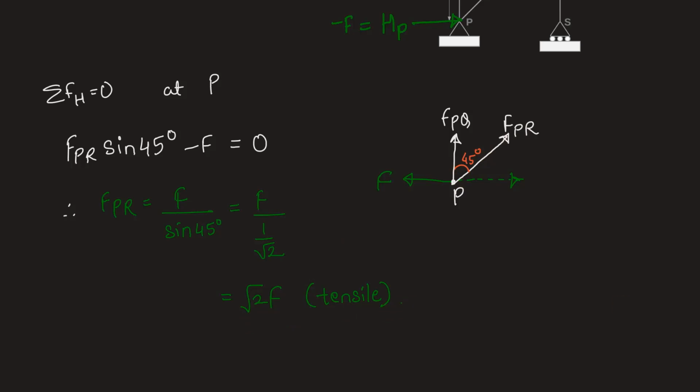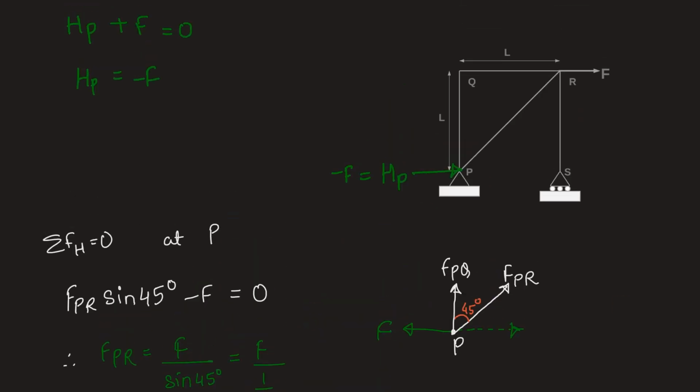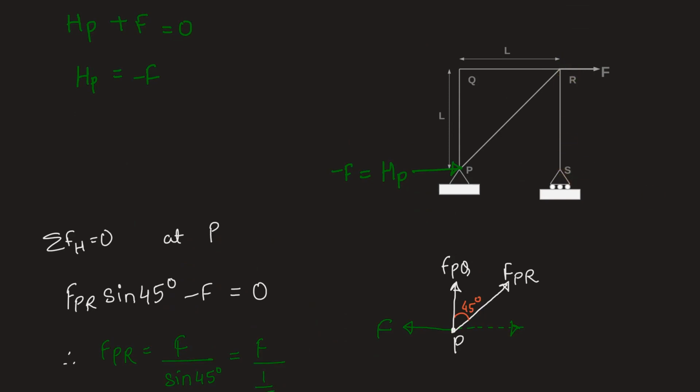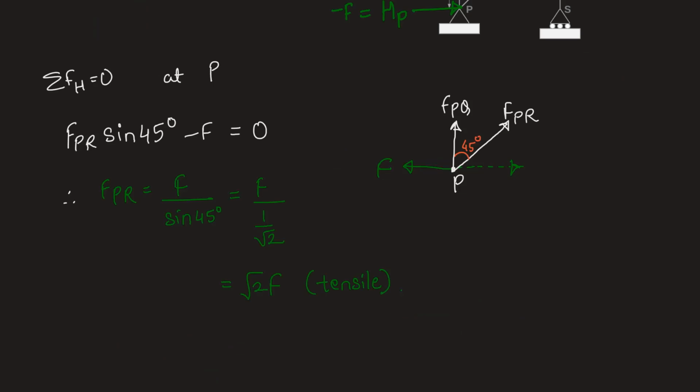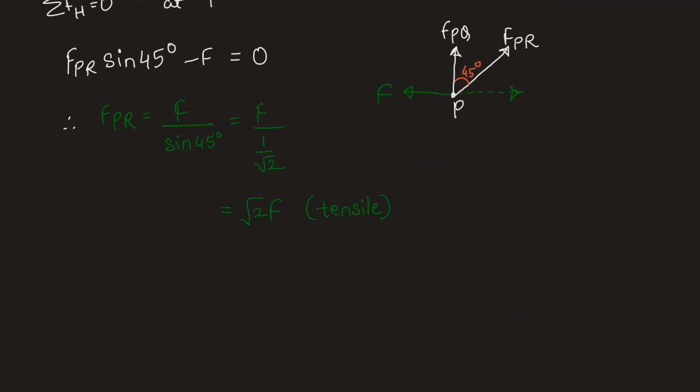Now next we will find the force in member RS, the vertical member RS. In order to find this force, we go to joint R and consider the free body diagram there. Let's see which are the known and unknown forces at joint R. At joint R, we have the external load F. We have the member force FPR, acting at 45 degree from the horizontal, away from the joint.